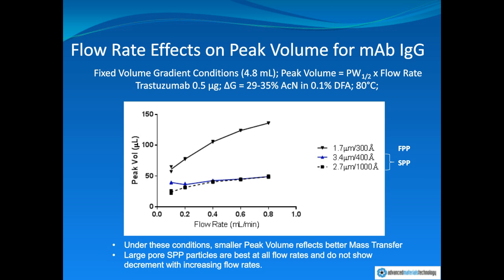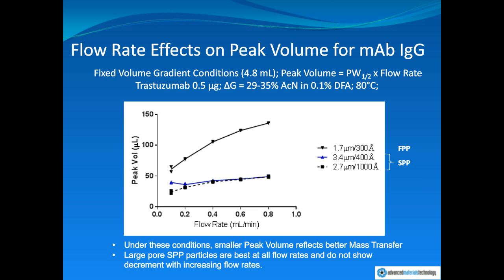And what we see comparing a fully porous to a superficially porous particle is that at every flow rate, up to really the pressure limit for the instrument, a superficially porous particle just does better. Whether it's 400 angstrom pore size or 1,000 angstrom pore size, having a superficially porous particle gives you a specific and readily apparent kinetic advantage, and this increases with the linear velocity.